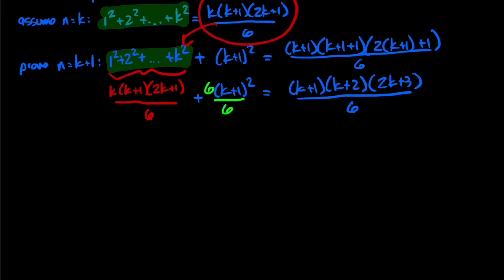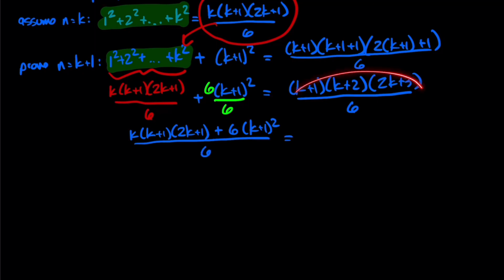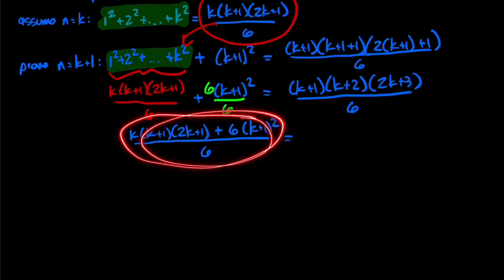So now let's combine my numerators. That's going to give me k times k plus 1 times 2k plus 1 plus 6 times k plus 1 squared all over 6. I'm not going to do anything over here yet because I don't know how much I need to do. I want to work with this to try and simplify this.